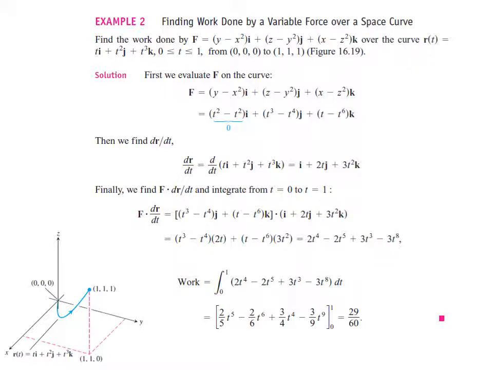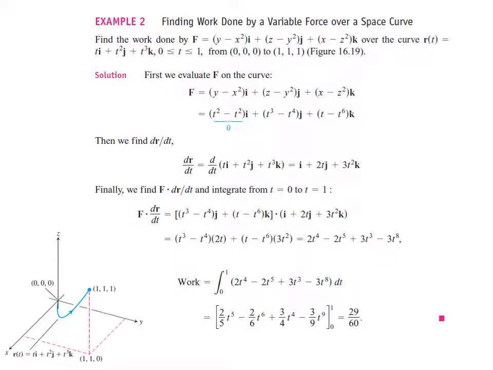Dot product with dr by dt, where dr by dt is equal to i plus 2t into j cap plus 3t square into k cap. Let us take the dot product of these two vectors F and dr by dt, multiplying component wise, that is i dot i, j dot j, then k dot k components.